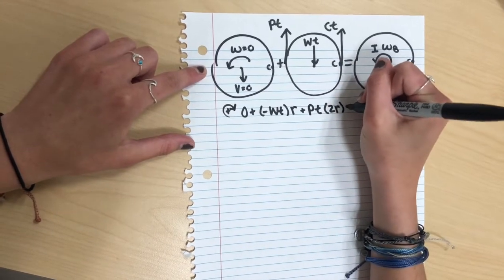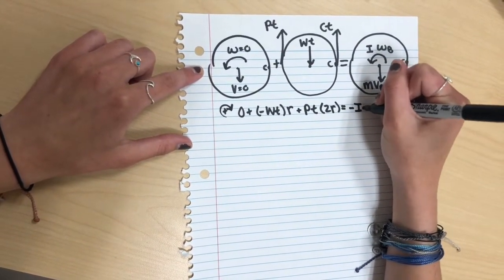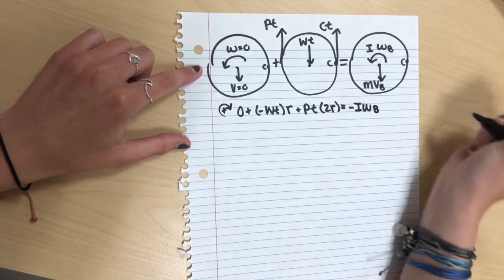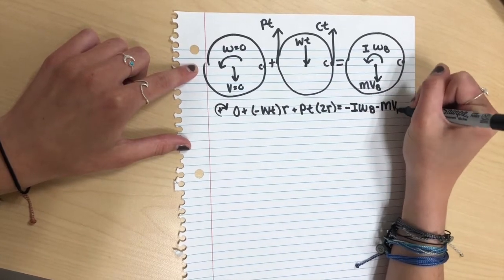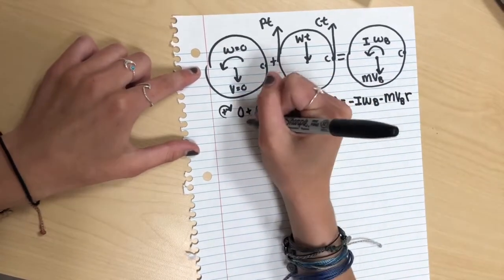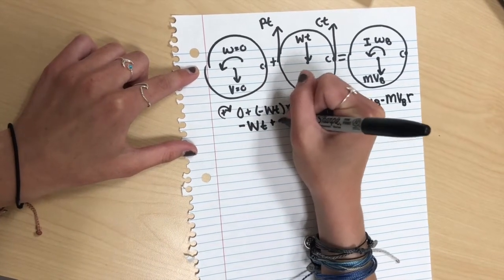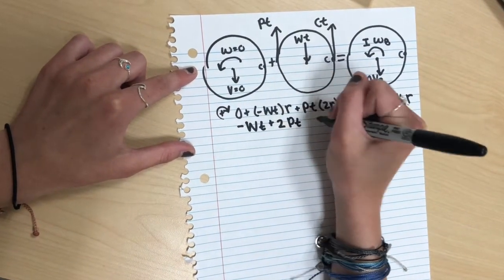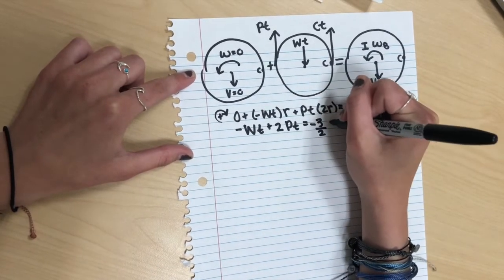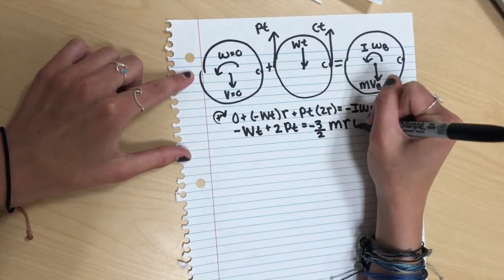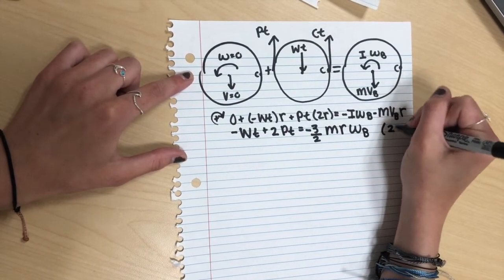This is equal to the third circle, which is negative I omega B plus a negative MV times the radius. When simplified, this equals negative WT plus 2PT equals negative 3/2 mr omega B. This is known as equation 2.